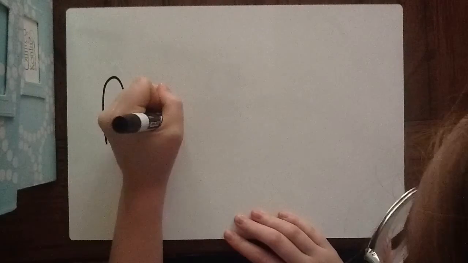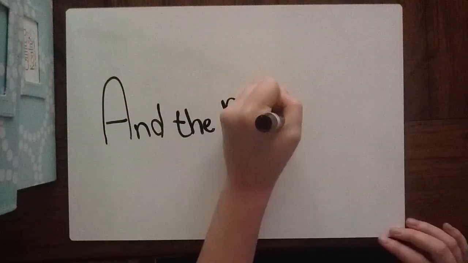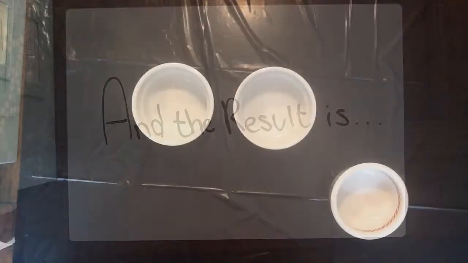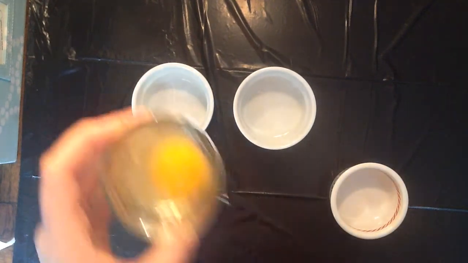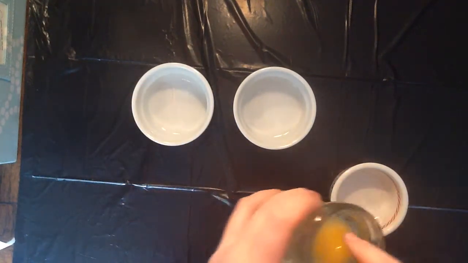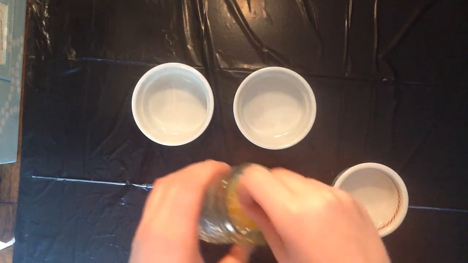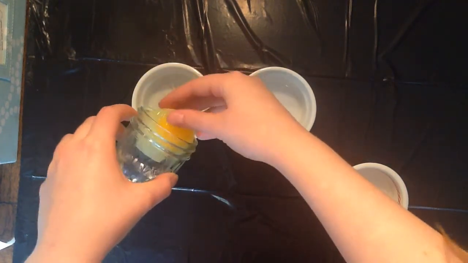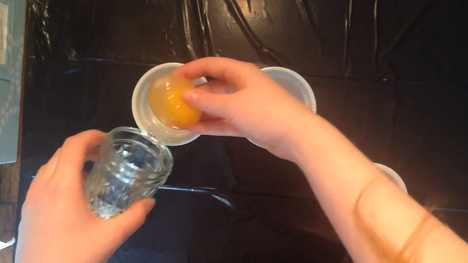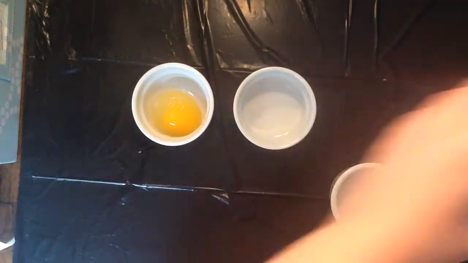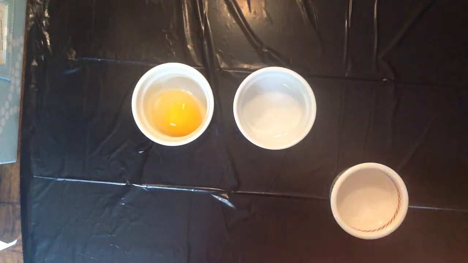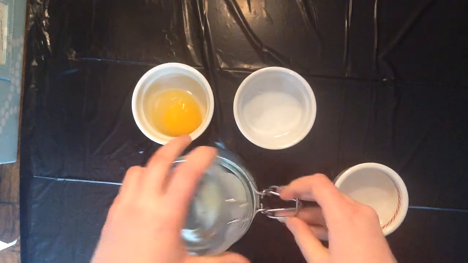Now knowing exactly how osmosis works, can you predict what happened to the eggs? The egg that was in the corn syrup noticeably shrunk, leaving the membrane loose and saggy. The egg in the water, on the other hand, became much bigger.